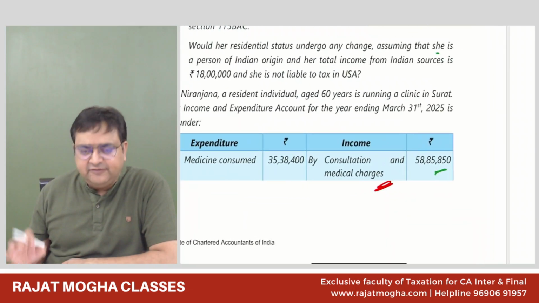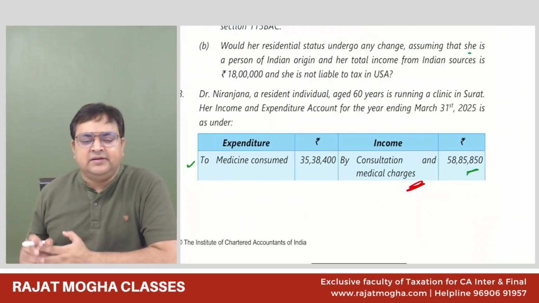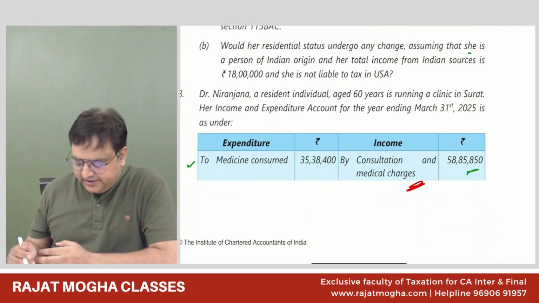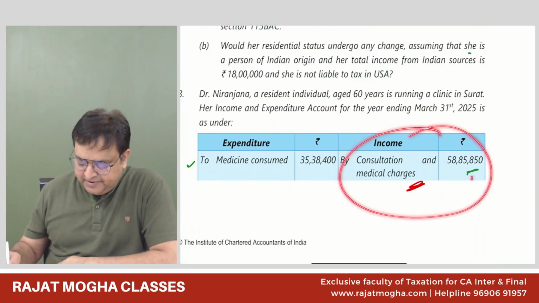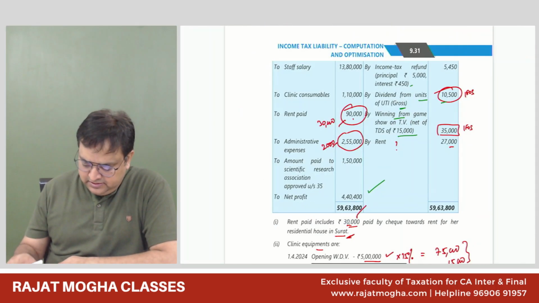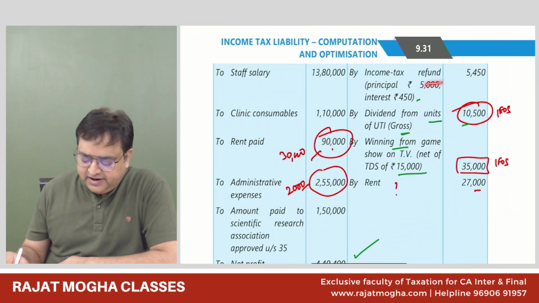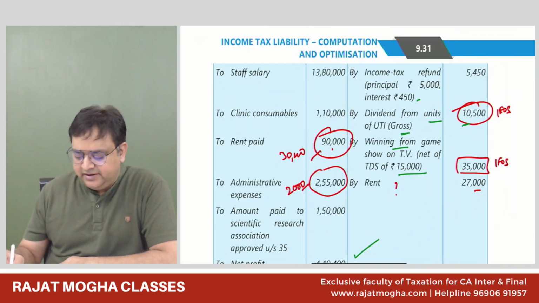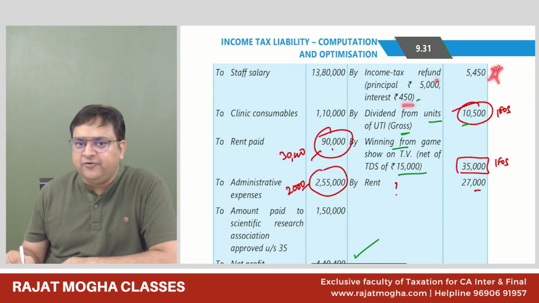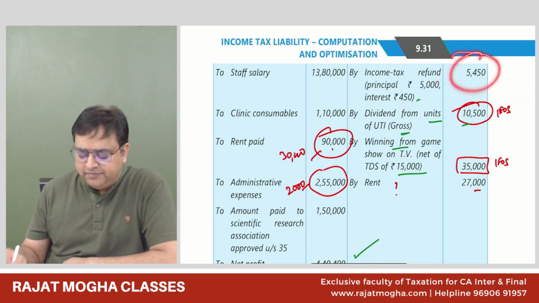So we will see that if there is any other income other than PGBP, we will subtract that. So this is a PGBP income. Then we have income tax refund. It is not a PGBP income, and neither is income tax refund an income. 450 is IFOS, but yes, the entire amount is not PGBP.